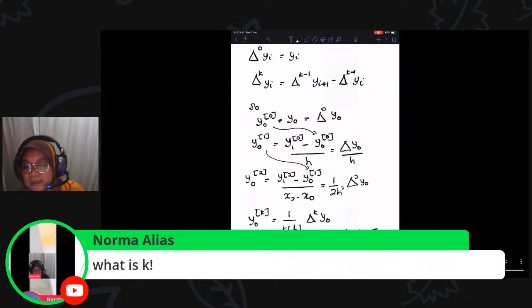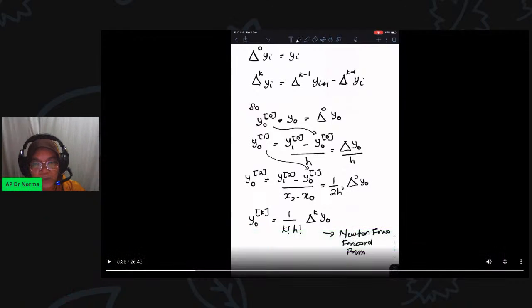For example, 4 factorial is 4 times 3 times 2 times 1, and 3 factorial is 3 times 2 times 1. We learned about factorial already.